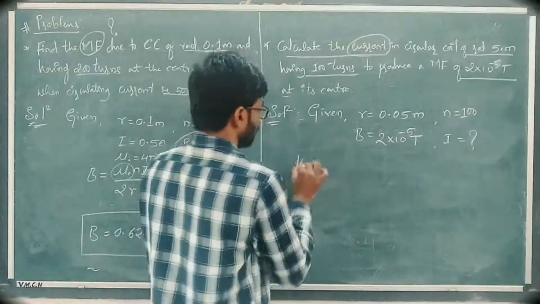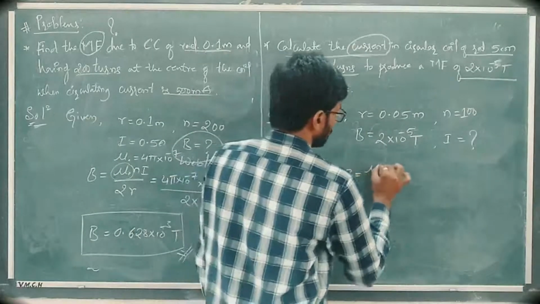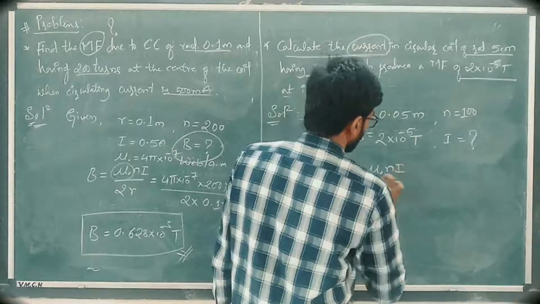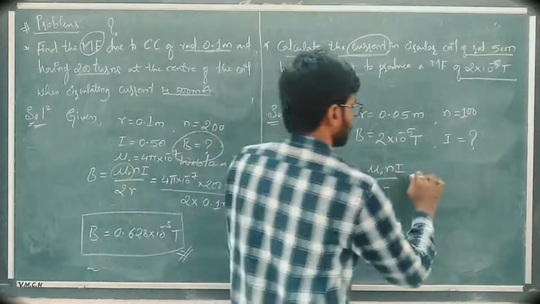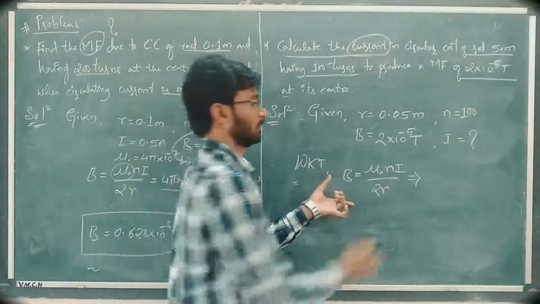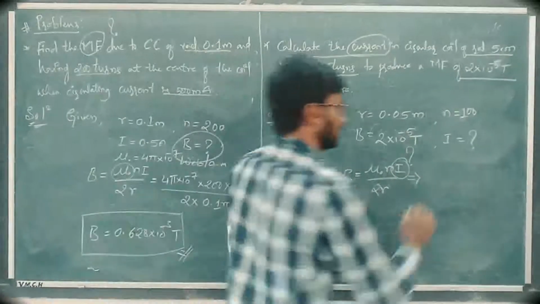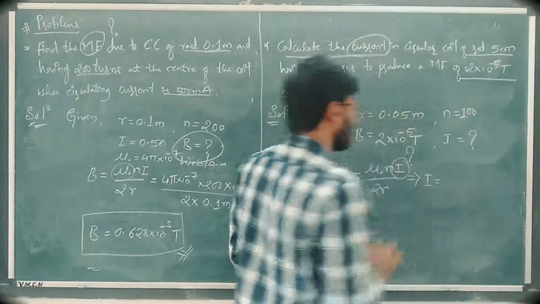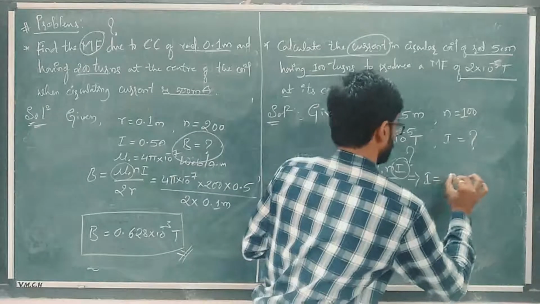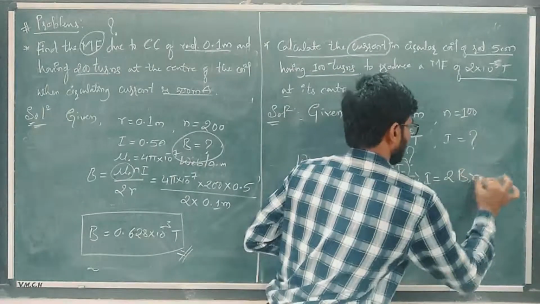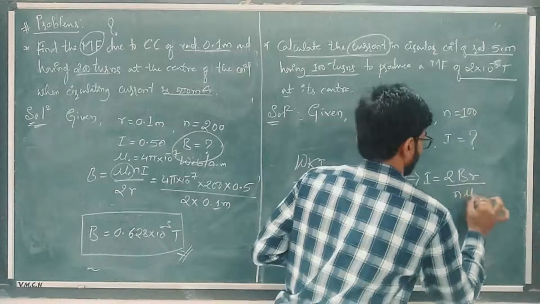We already know the formula, B is equal to mu naught N I by 2R. Now I am going to modify it because we need to find the current, so I can rewrite this as I is equal to 2 B R upon N mu naught.